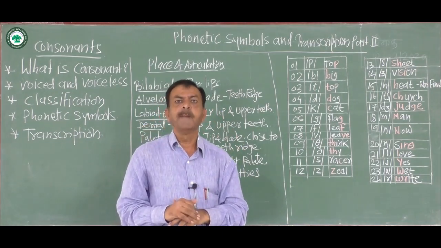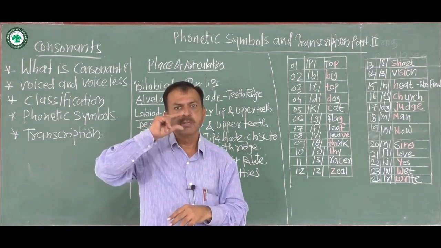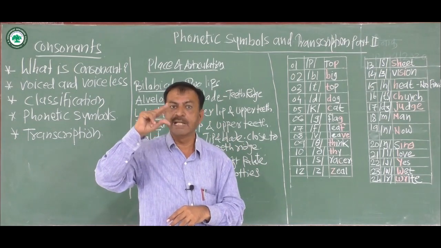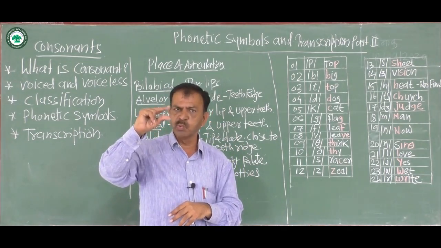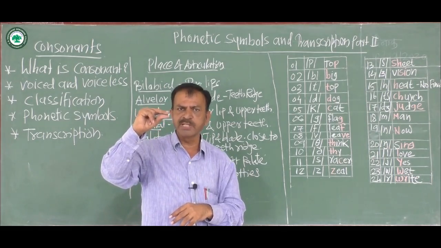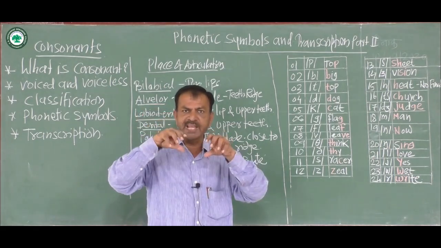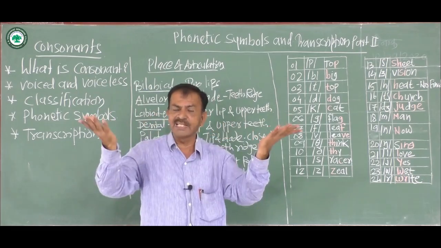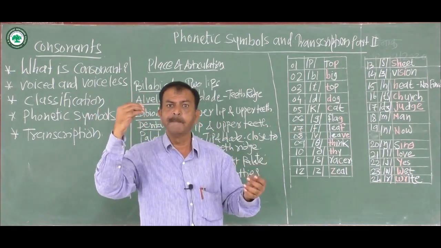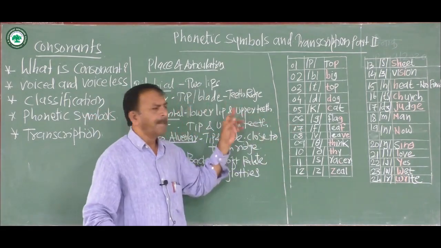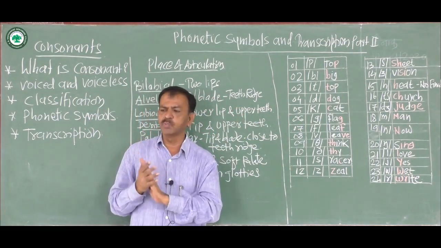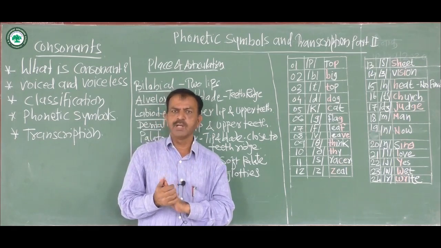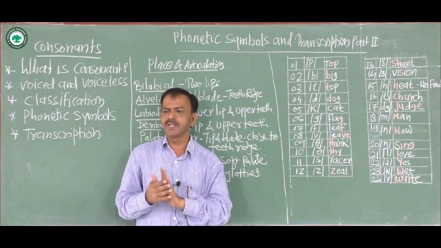For example, P, with the help of our two lips, or B, means two lips. These two articulators play a vital role, and the air is blocked and then released with the sound P. So P is called voiceless bilabial plosive, while B is called voiced bilabial plosive.